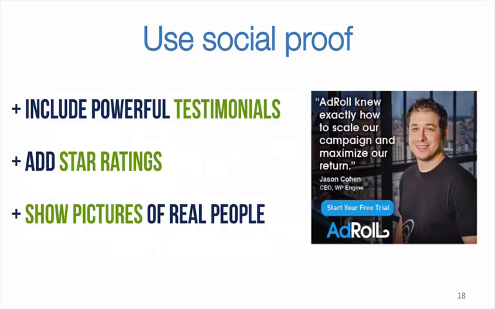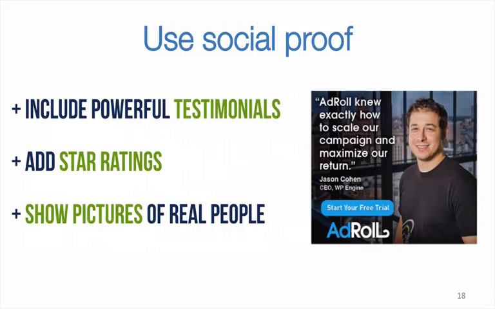So including powerful social proof, including powerful testimonials from existing customers, including the star ratings that you have from Yelp or on Google or Facebook or whatever, can be a very powerful way to communicate how people feel about your business. And showing pictures of real people at your business, so it's not just this kind of stock photography type of stuff, really goes a long way in making those ads seem real and approachable and making your business seem real.